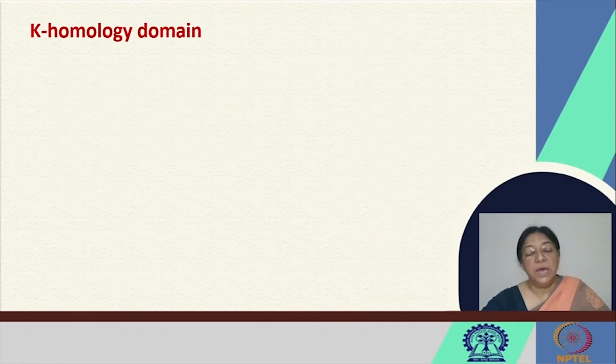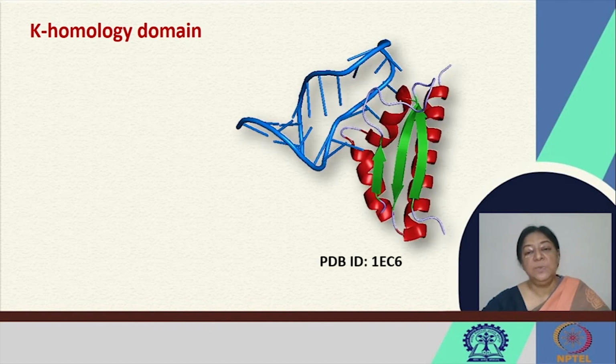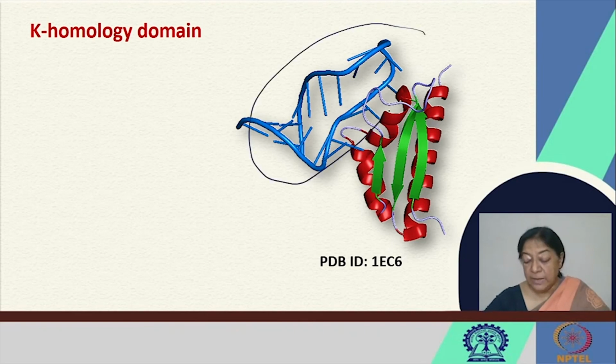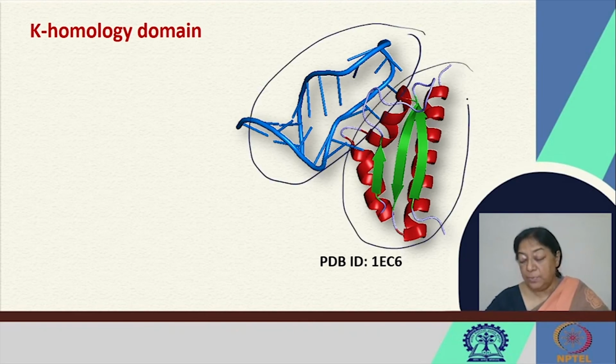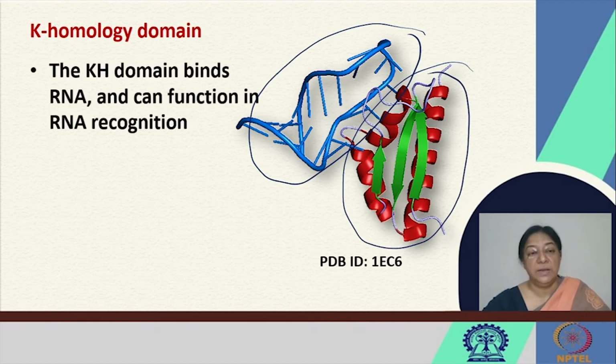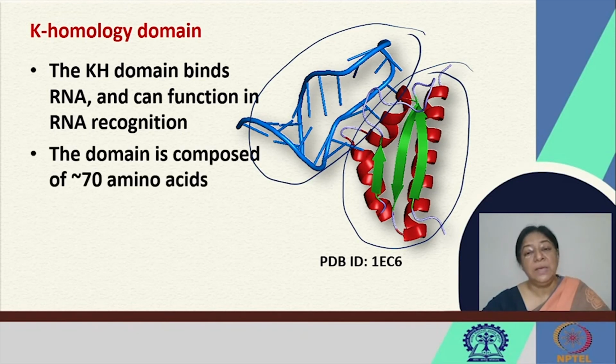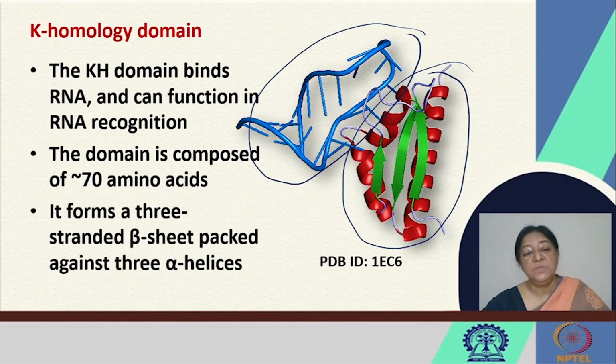Another domain is the K homology domain. Each of these domains have their own characteristics, as we can see. So this is our RNA molecule, and this is our protein that has the specific domain that is going to interact with the RNA. This KH domain binds to RNA and it functions in RNA recognition. The domain, again, we can see is composed of a large number of amino acids, approximately 70, and it forms a three-stranded beta sheet packed against three helices, which can be identified.